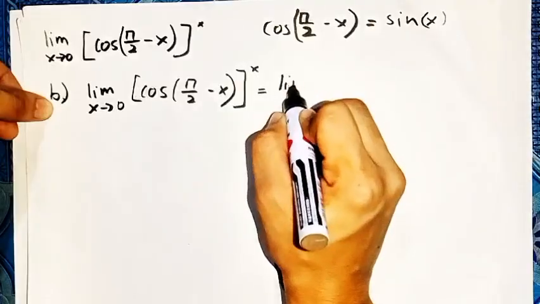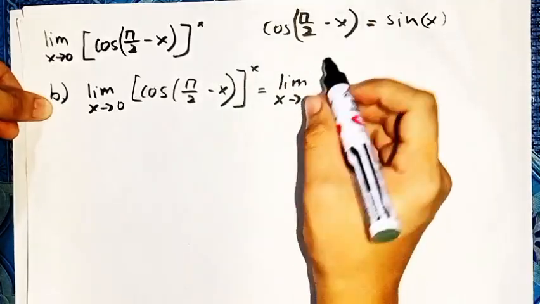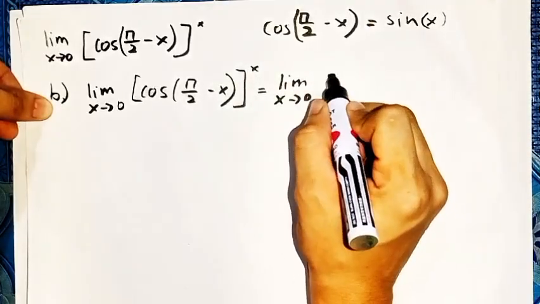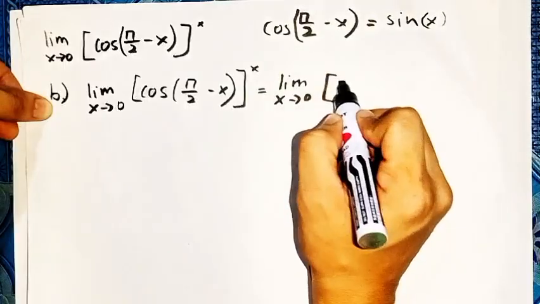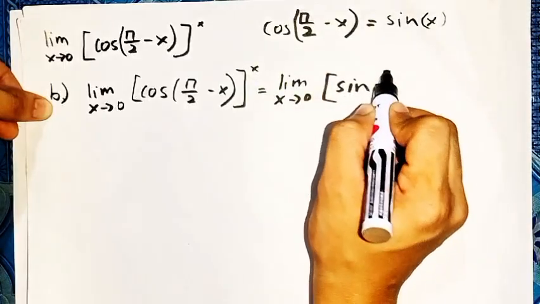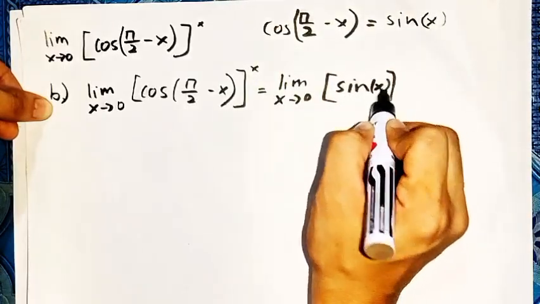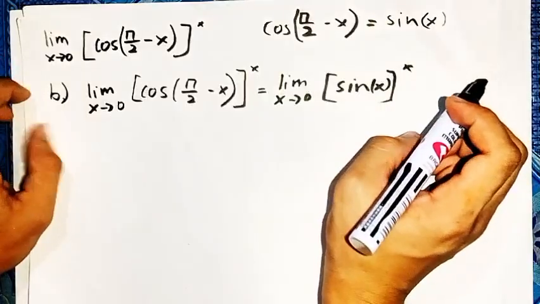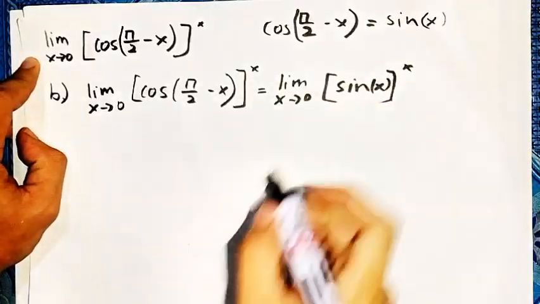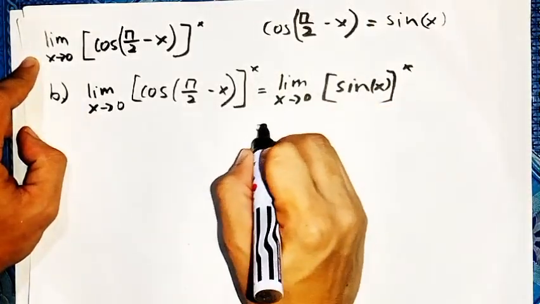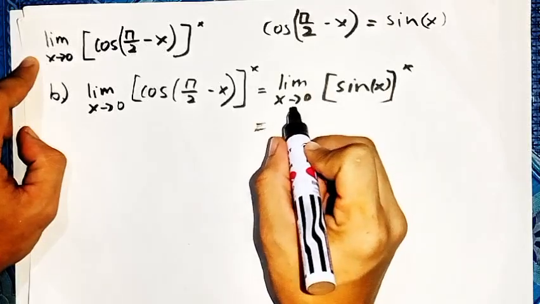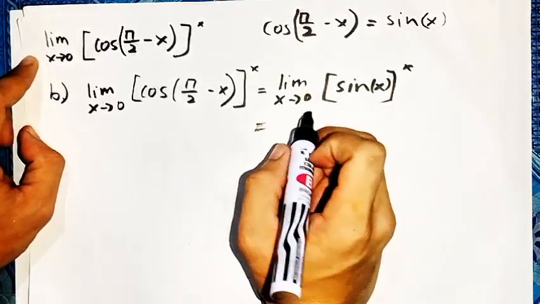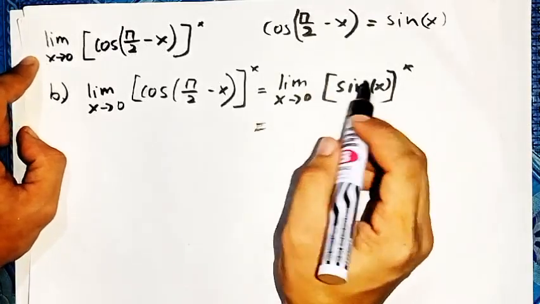So the limit as x approaches 0 of sine x to the power of x. This is now our new expression, our new function. So let's substitute the 0 for x.